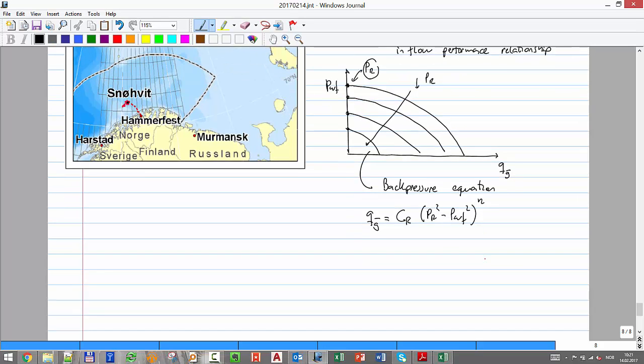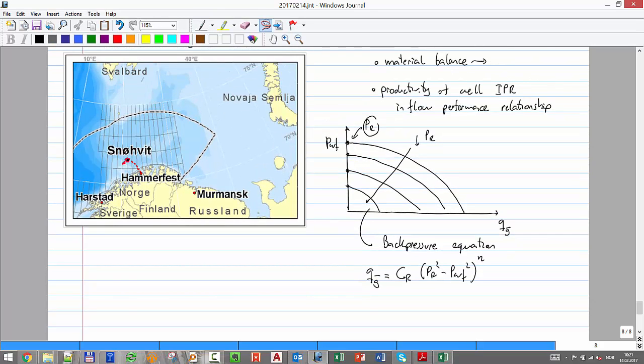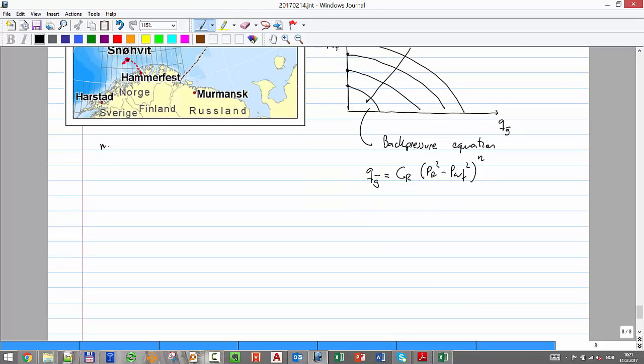So that's the expression we are going to use, and the material balance that we are going to use is the dry gas material balance, that is PR equals ZR over ZI, where Z is the compressibility factor, the deviation factor, times PI times 1 minus GP over G. If you remember, G is the initial gas in place.